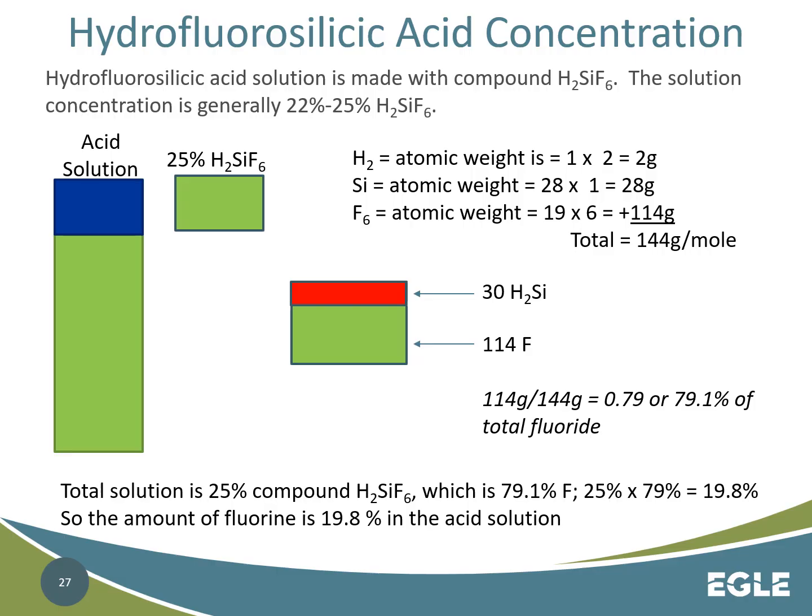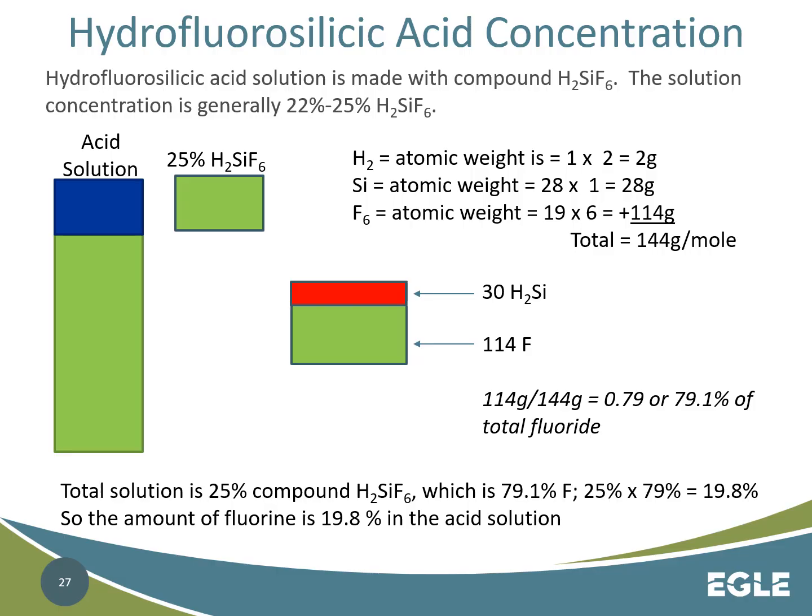But that number won't tell me how much fluoride I'm actually adding to the water. I have to do an extra calculation and break down the molecular formula to find the percent of pure fluoride ion in that molecule, to be able to calculate how many pounds of fluoride I'm adding. This is covered in detail in the chemistry portion of this course.